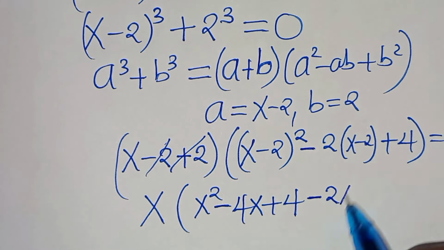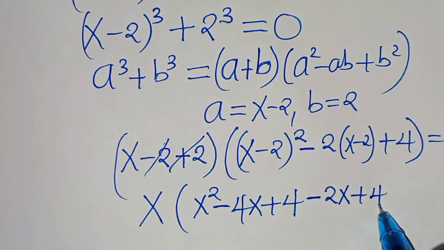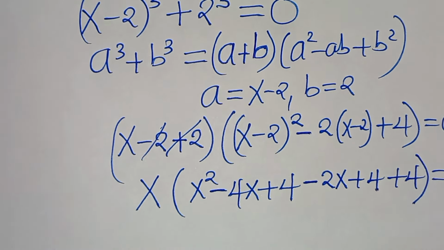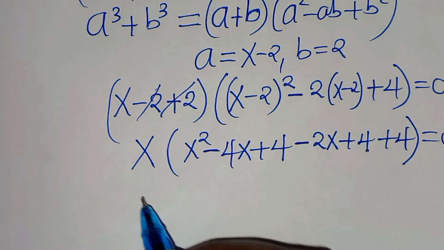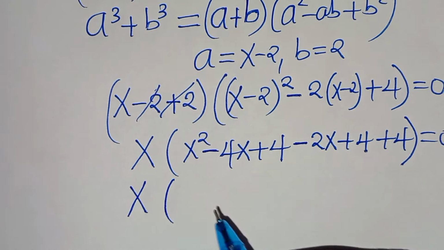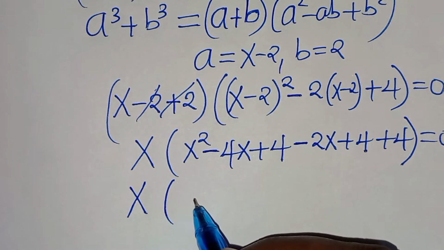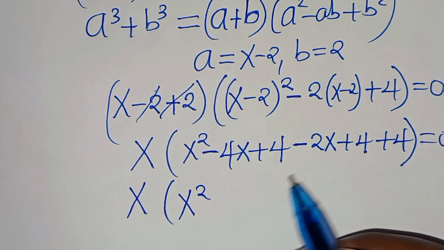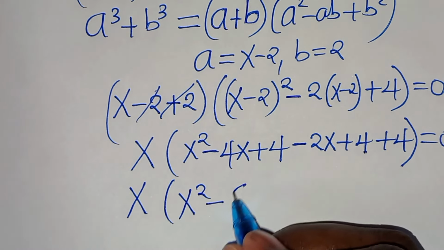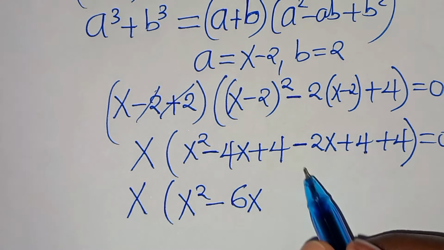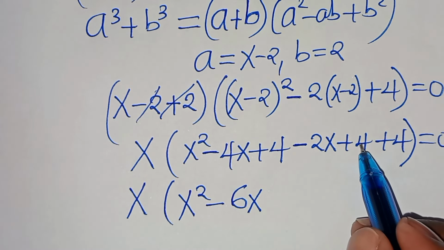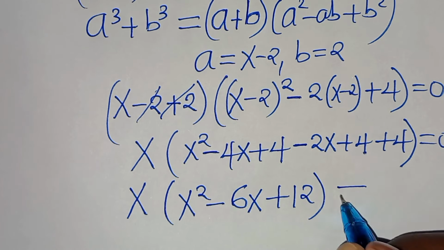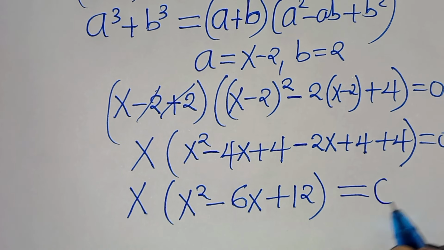So this is x into the parentheses, x^2 - 4x - 2x, this is -6x. Then we have 4 + 4, this is 8, 8 + 4, this is 12. Then this is equal to 0.